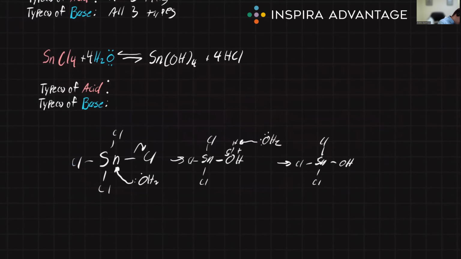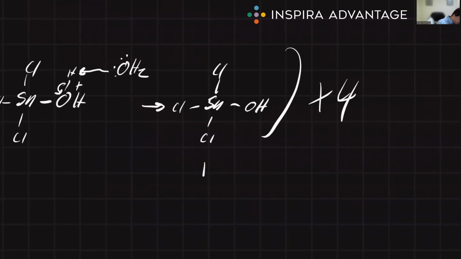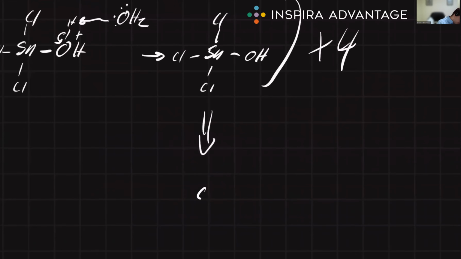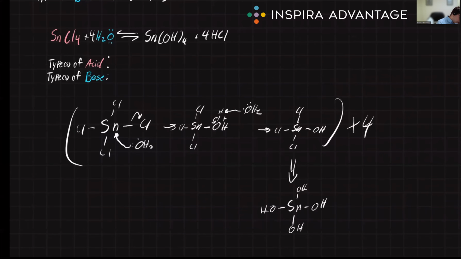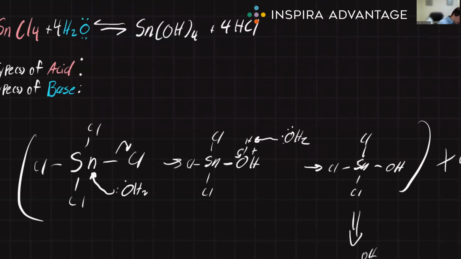This reaction is going to repeat 4 times until eventually all of those chlorines are going to be replaced with hydroxides. Once we've replaced all those, we're done. That's where we're getting this from.